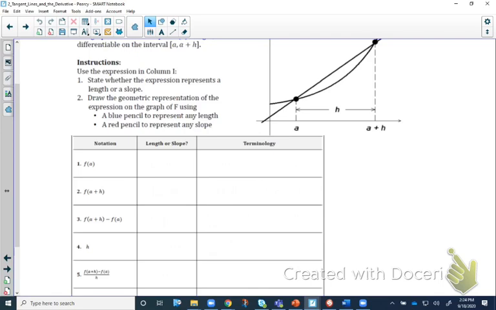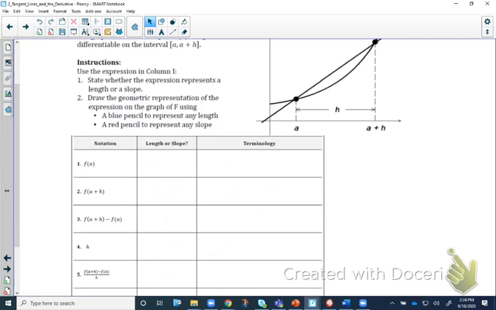Use the expression in column 1 is what it's referring to, to identify whether the expression there is going to be the length of a segment or the slope of a line that we see on the graph. Draw the representation using either a blue pencil or a red pencil. So here, f of a, that's a y value.